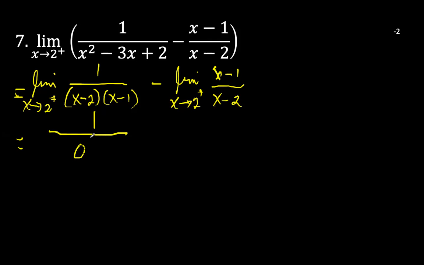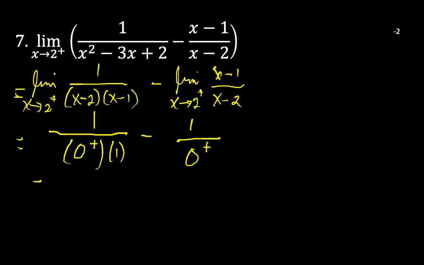But the values are all positive, okay? Since x is greater than 2. So x approaches 2 from the right. And here, 2 minus 1 is 1, minus, here, 2 minus 1 is 1, and 2 minus 2 is 0. But all of the values here are greater than 0, but close to 0. So this is positive as well.